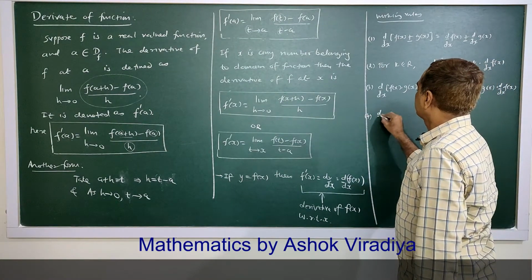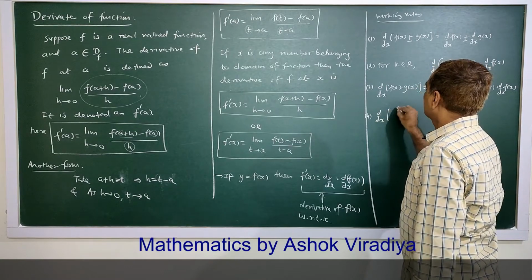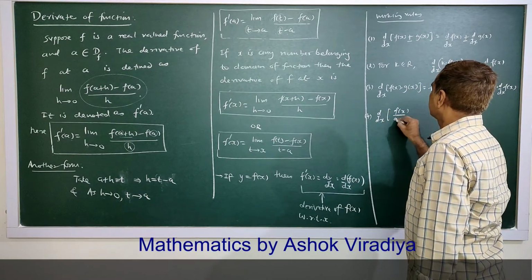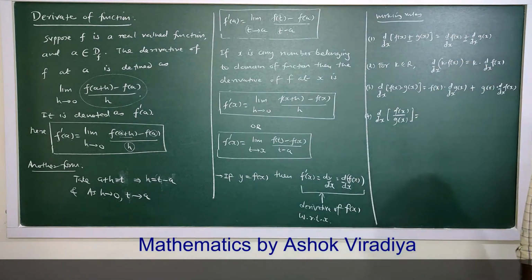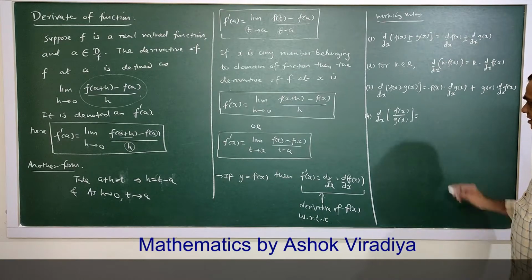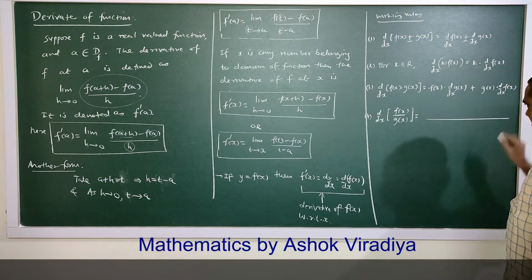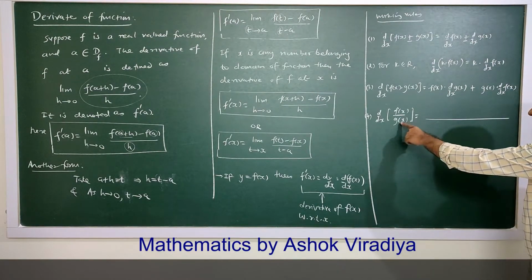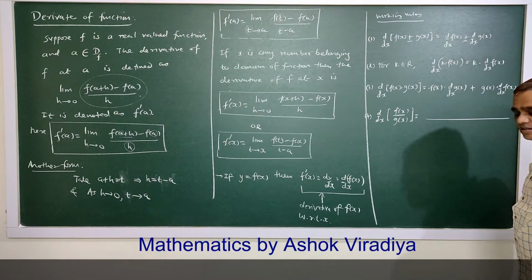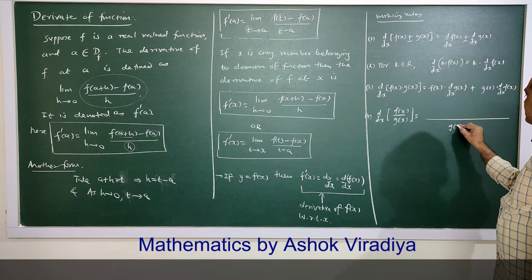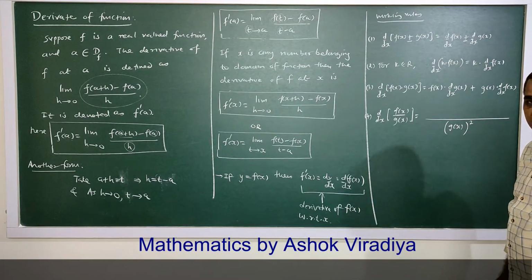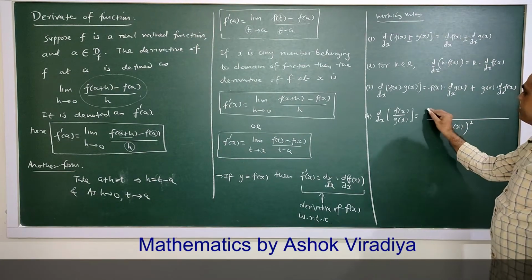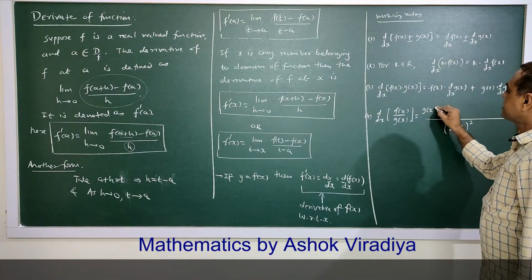Derivative of quotient of two functions, the rule is here denominator is g(x), so put here g(x) square, then put g(x) as it is.